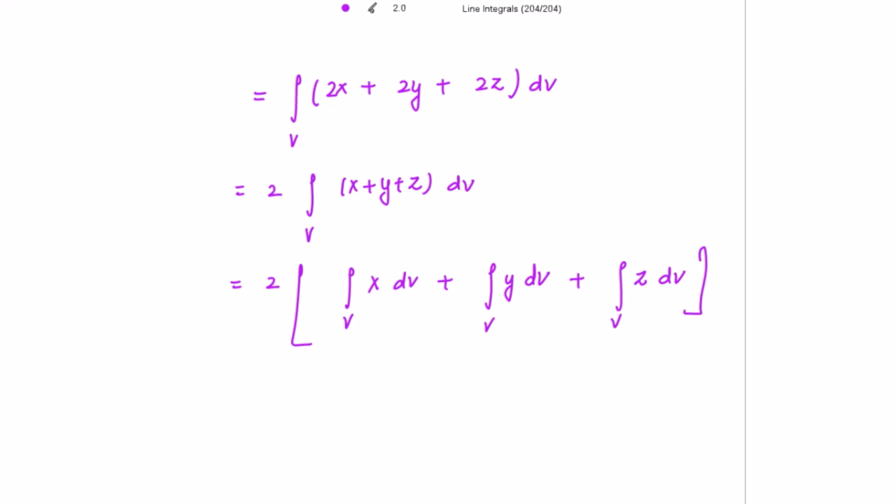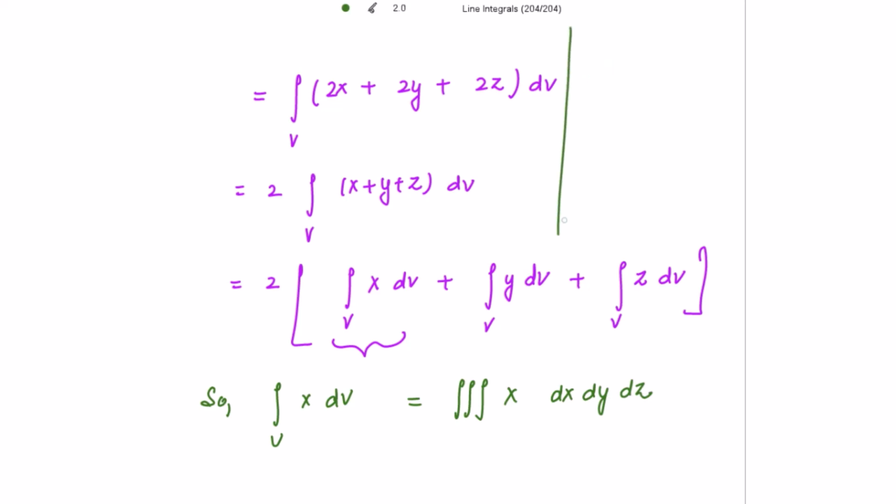Now as we are getting the symmetry, let's solve the first integral. So the volume integral of x dv is equal to the triple integral over the surface S, and the surface S is your ellipsoid, x dx dy dz.